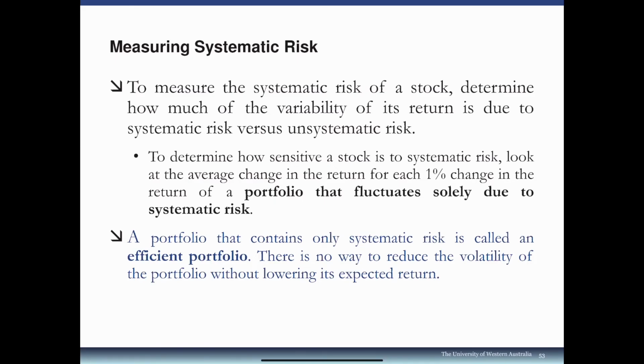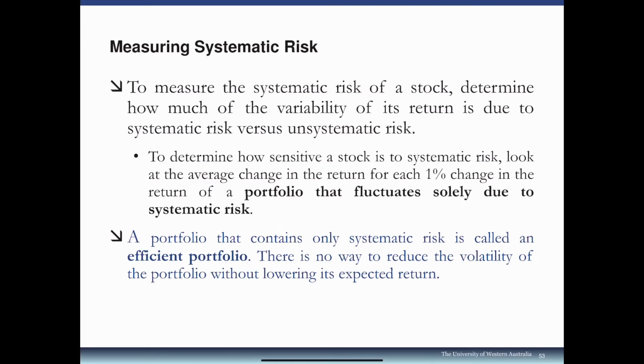So to measure the systematic risk of a stock, we can determine how much of the variability of its return is due to systematic risk versus unsystematic risk. And to determine how sensitive a stock is to systematic risk, we can look at the average change in its return for each 1% change in the return of a portfolio that fluctuates solely due to systematic risk. Which, again, is just defined on a conceptual level. A portfolio that contains only systematic risk is called an efficient portfolio, and there's no way to reduce the volatility of the portfolio without lowering its expected return.